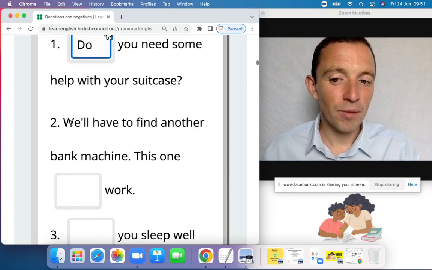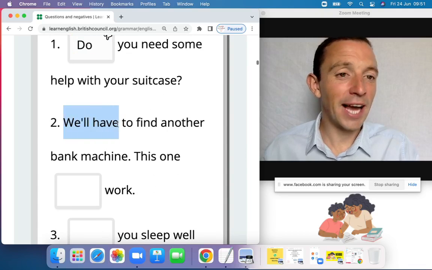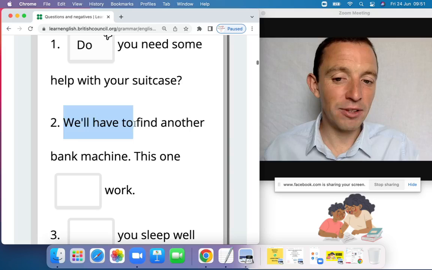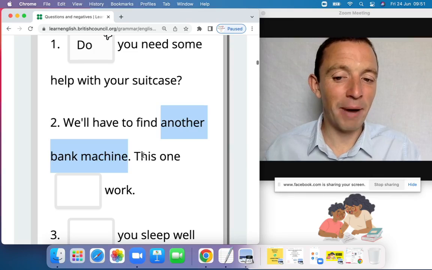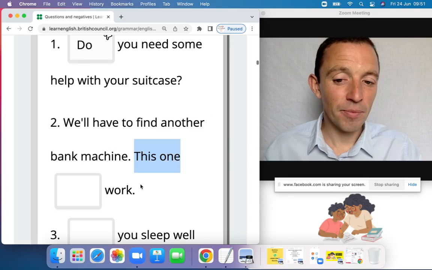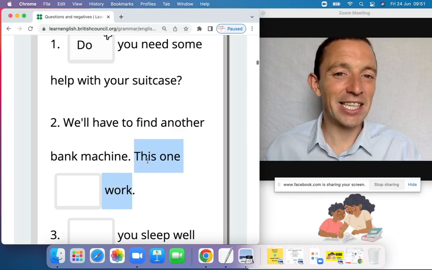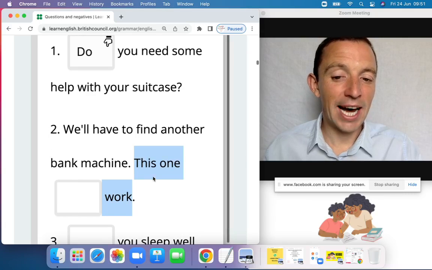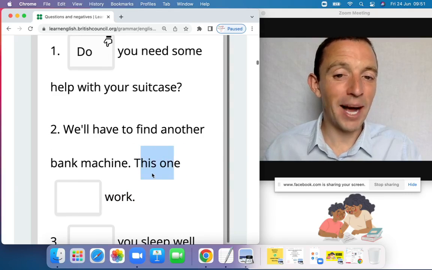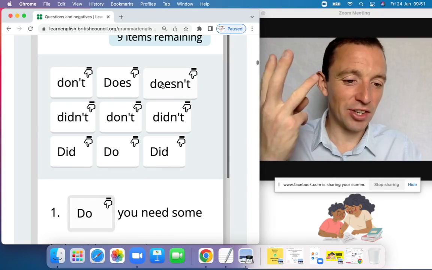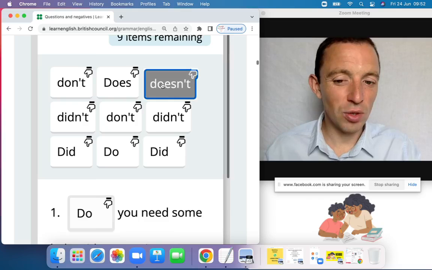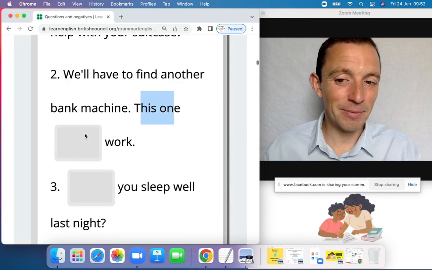Number 2: we will have, obligation, future, have to. We will have to find another bank machine. Okay, it's an obligation. We have no choice. This one, work, is in the negative function, and this bank machine does not, because it's a third person, it does not work in the present.